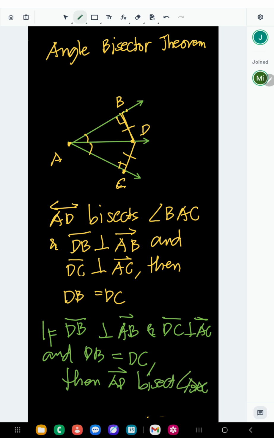So the converse is basically the opposite of the previous theorem.